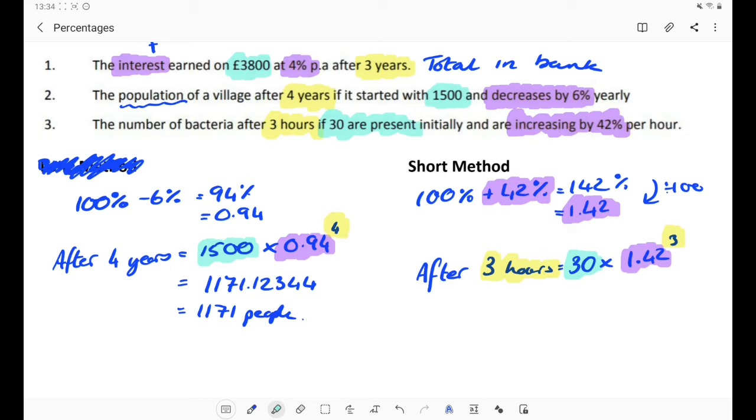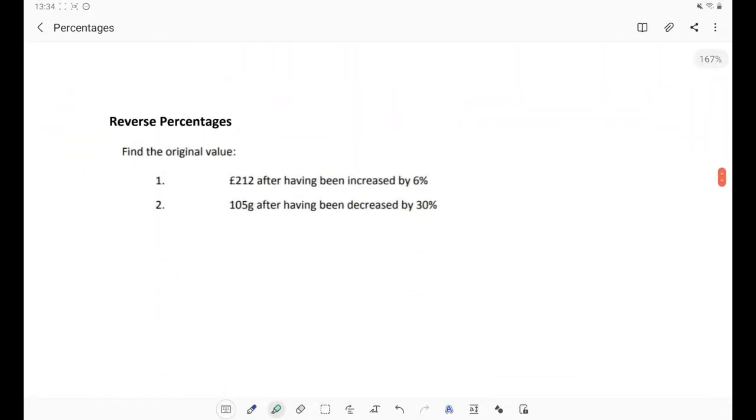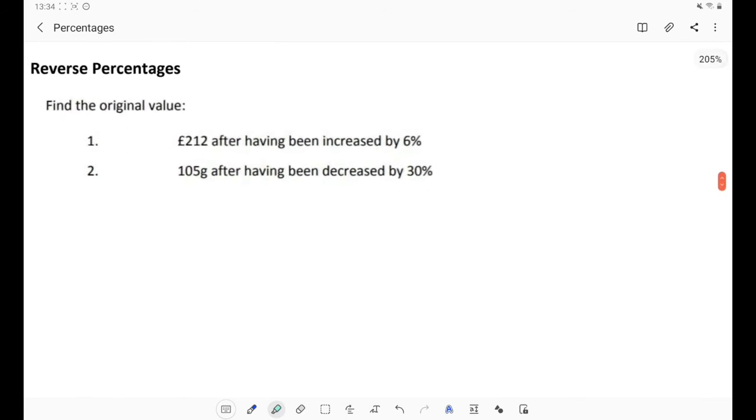Now let's look at the next type of question they could give you. These are something called reverse percentages. Now, the notion of a reverse percentage is quite simple, but it is, as it implies, the opposite of what you are comfortable with. Normally, you're given 100% and you're asked to find a smaller amount of it or a larger amount of it. In these questions, you are not given 100%.